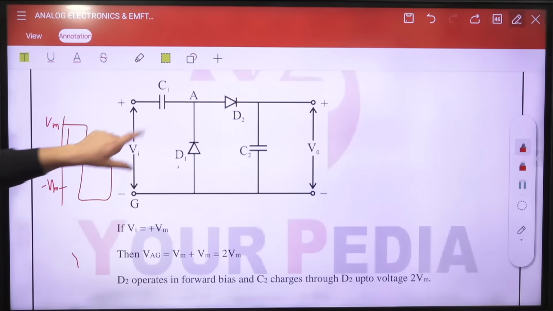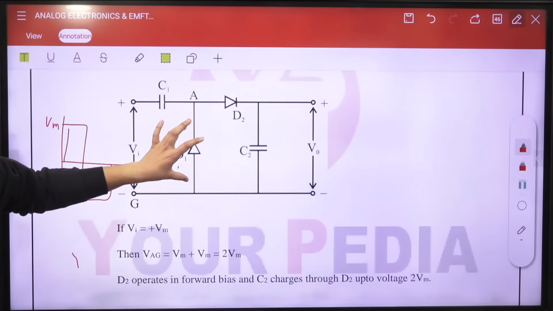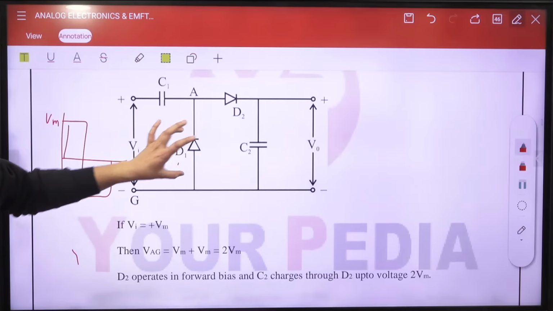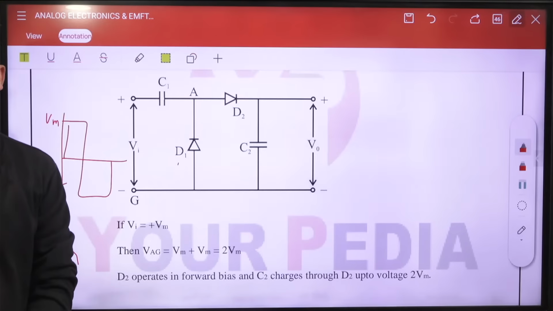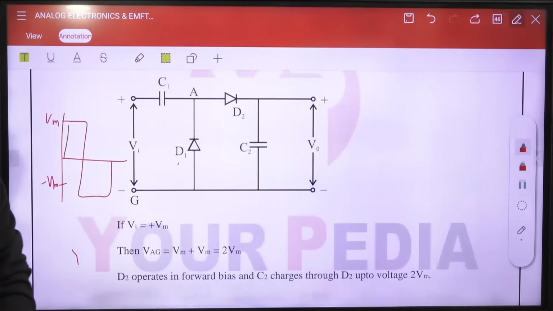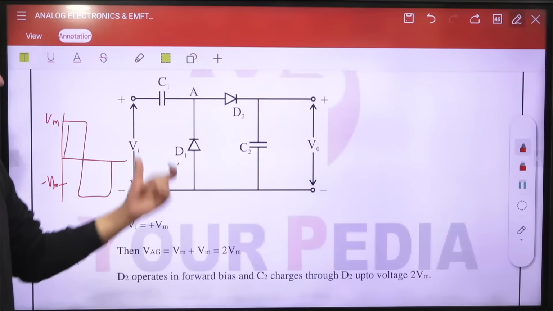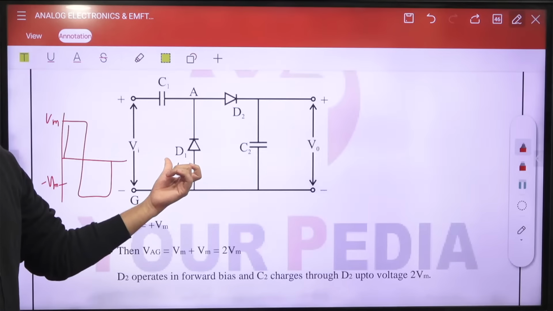First thing, we try to conduct this diode D1. In which cycle will this D1 diode conduct? This D1 diode will conduct in the negative cycle.